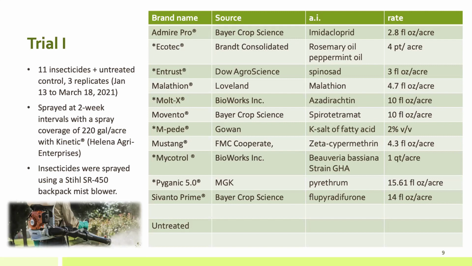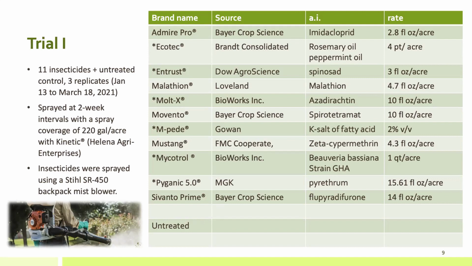And then we get into the products that we selected. Some of this was based on the work that was done by the UC colleges on avocado lace bug and the publications that they put out. And then some of the other ones were products that we thought would be effective on a true bug like the lace bug.